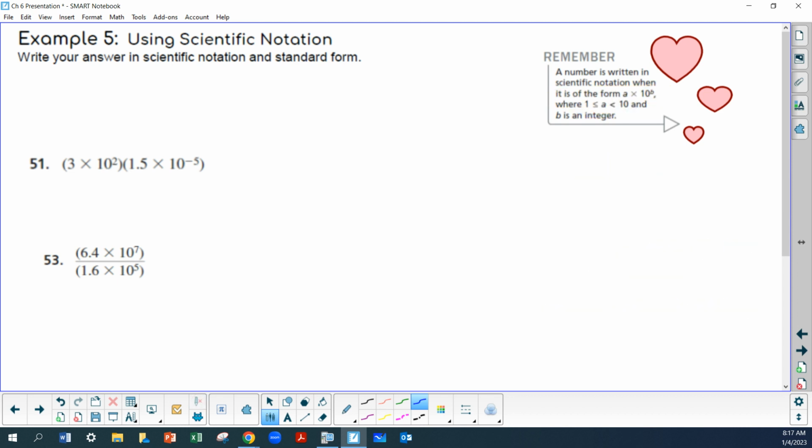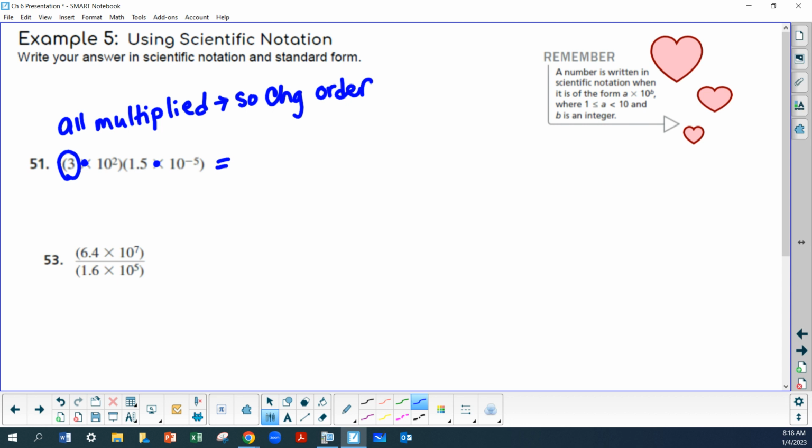All right. Like before, we can reorganize. Because really this means multiplication, doesn't it? All of this is multiplied. So I'm going to reorganize, change the order of my items.